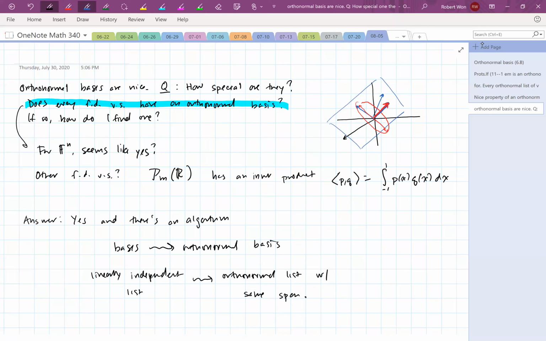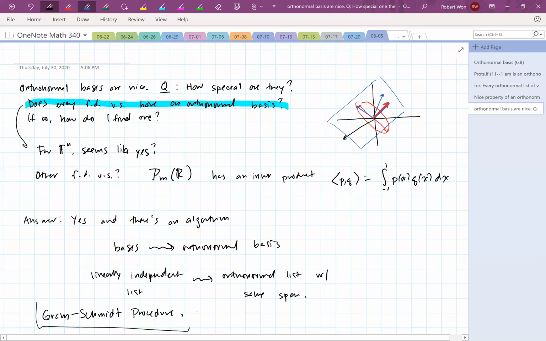You start with any linearly independent list you want, you take this process, it spits out an orthonormal list that has the same span. It's just as good as the other one, except it's better because it's orthonormal. Okay, and this is called the Gram-Schmidt procedure, Gram-Schmidt process, Gram-Schmidt algorithm. I think your book calls it the Gram-Schmidt procedure, which is what we'll discuss now.